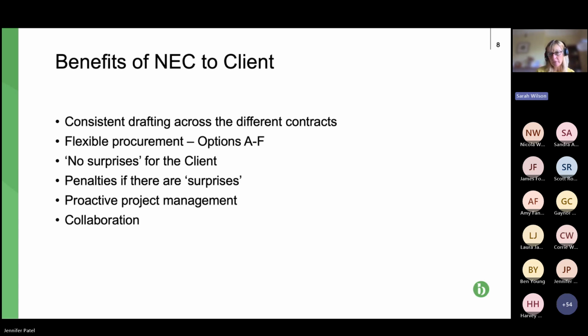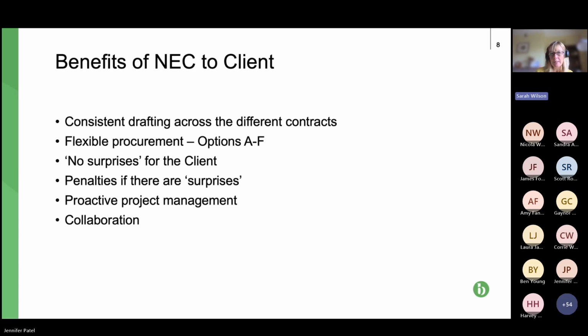So the contract we're focusing on, the engineering and construction contract, and the subcontract of the same title have certain options for pricing, which we'll come to later today. But the core clauses, the fundamental clauses, all remain the same for the engineering and construction contract, and also for the subcontract.